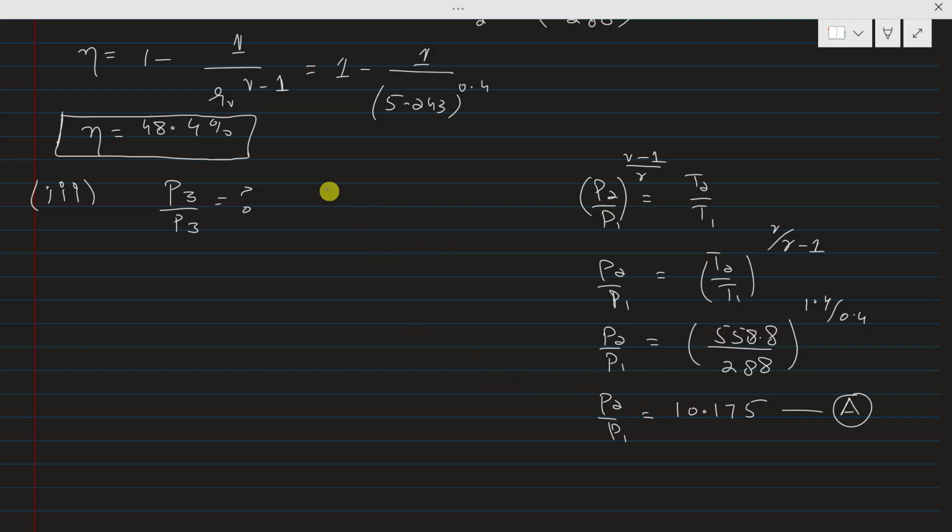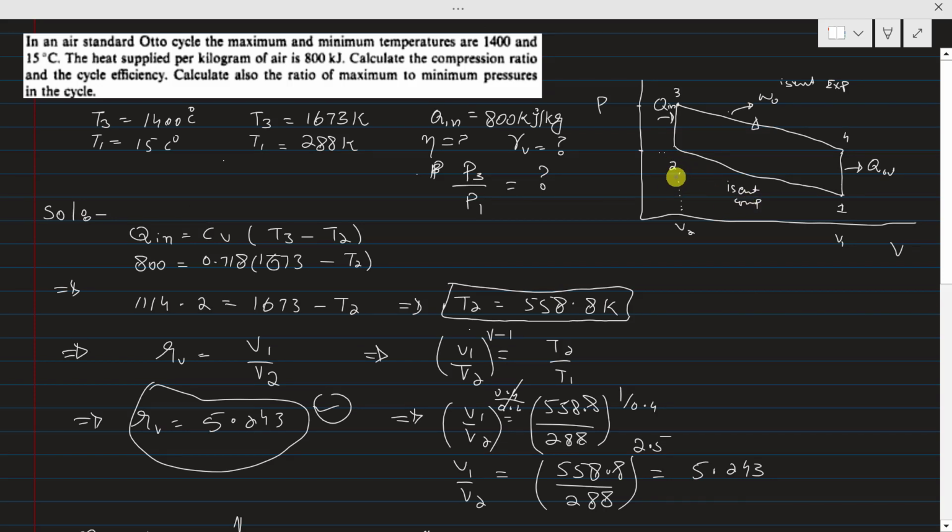Okay, next is to find the pressure ratio of P3 to P2. The pressure ratio of P2 to P1 has been calculated with the help of the isentropic formulas. Now from process P2 to P3 there is a constant volume process, so there is a direct relationship between pressures and temperature.